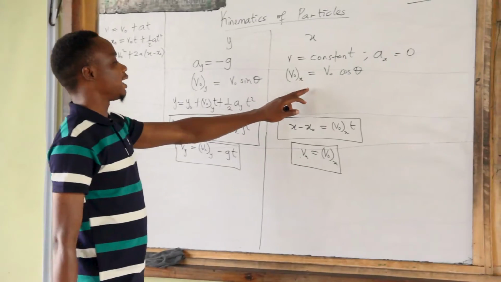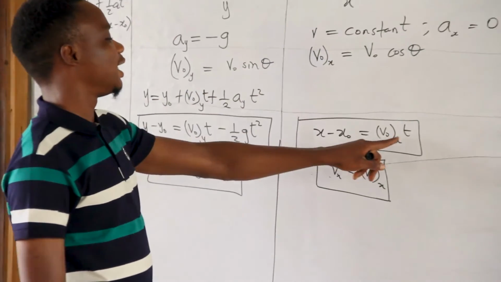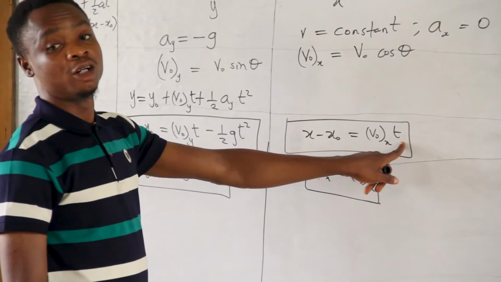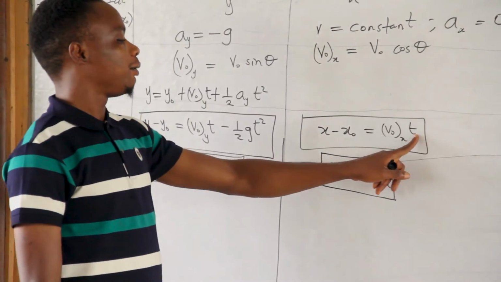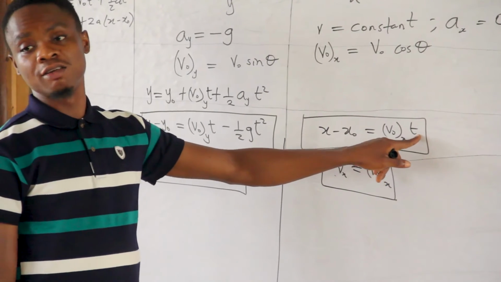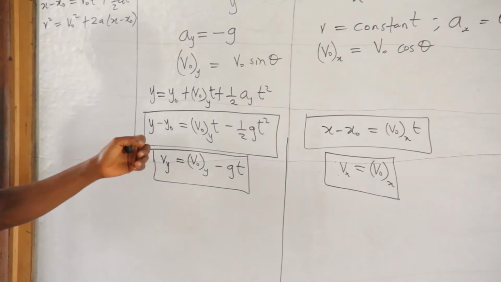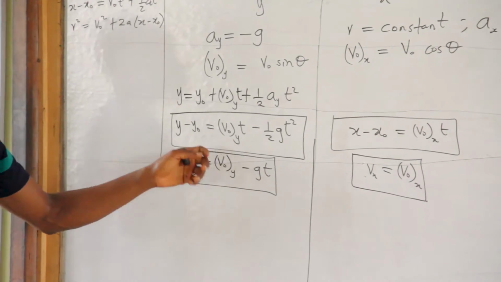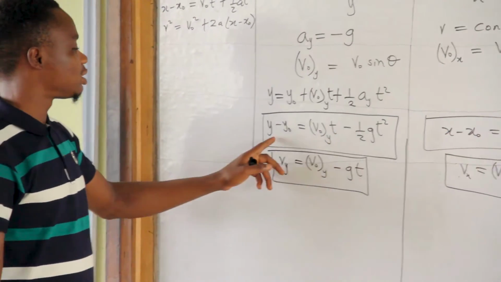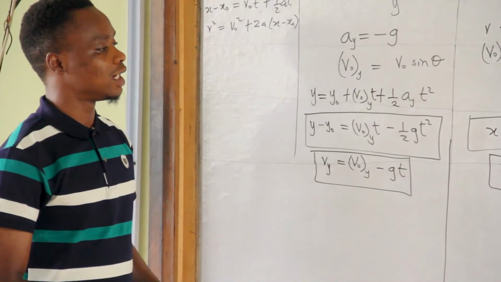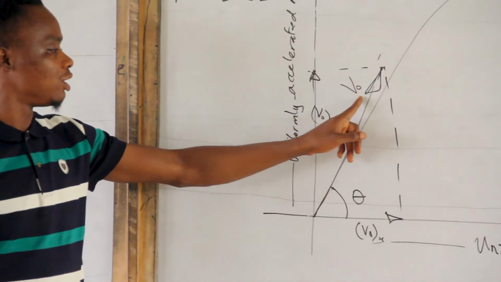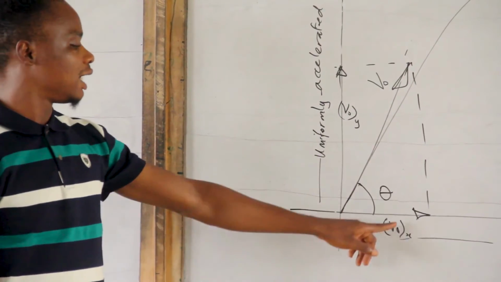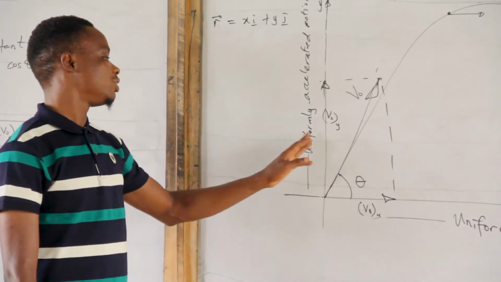So if I know the initial position or initial velocity, I can make t the subject of the formula and substitute into the other expression. For instance, if I know the initial velocity v0, I can get v0y from it, and I can get v0x from it.